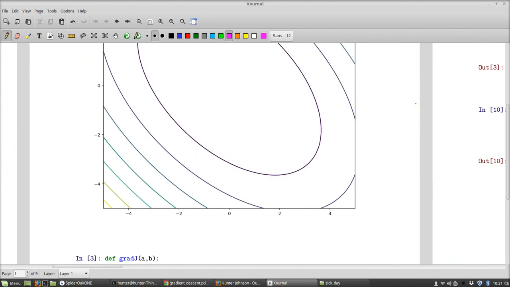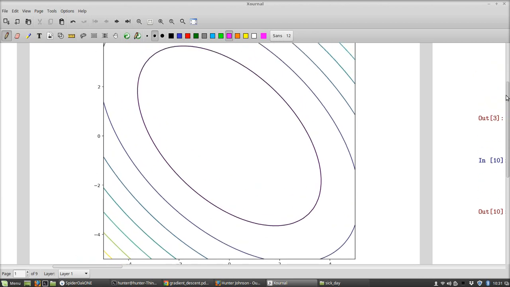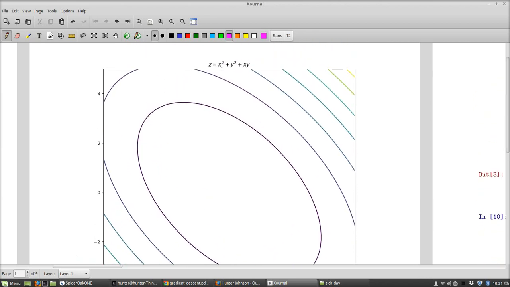And similar to the way the derivative works, if you take a point here on this contour plot, the gradient wants to send you in the direction of maximum increase. So if you think of the gradient as a vector, which it is, it's going to point uphill. But because we're minimizing things, we don't want it to point uphill, we want it to point downhill.